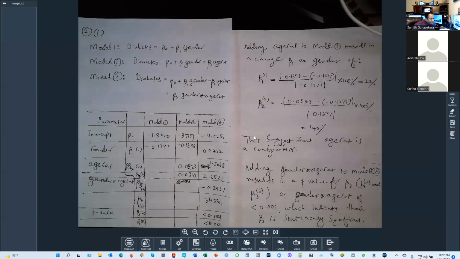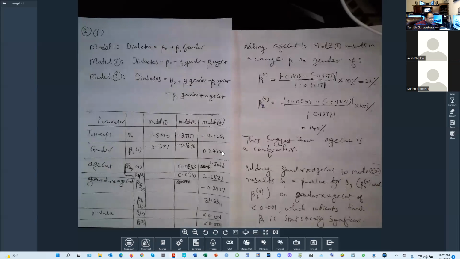So this one is beta 0, this one beta 1 for different models. It's coming with the beta gender all the time. Age cat, in the beginning we don't have it; in the second stage we have it, and the third stage we have it. But this one has 2 categories, 2 and 3 age categories with respect to that one. So those are those 2 here, but worry about this labeling.